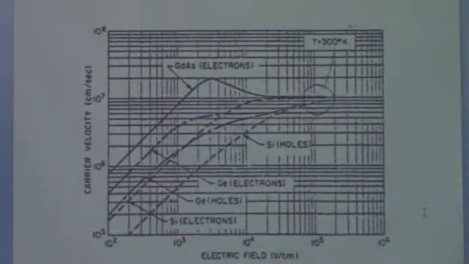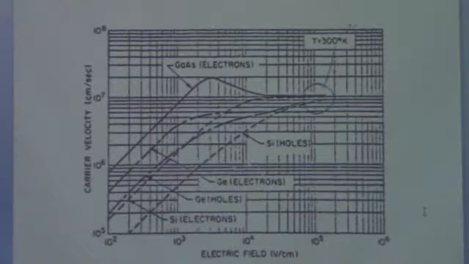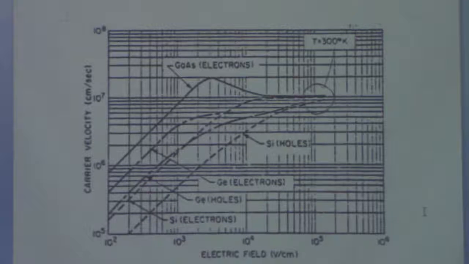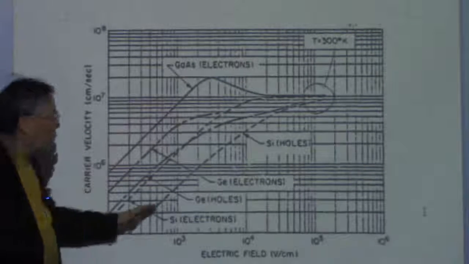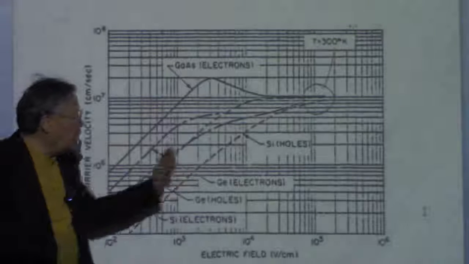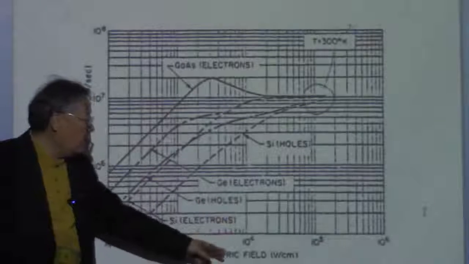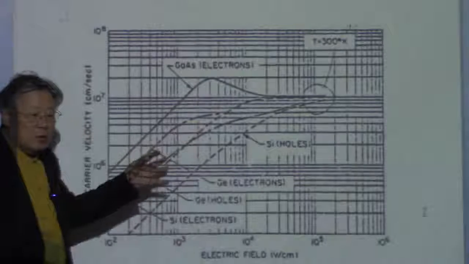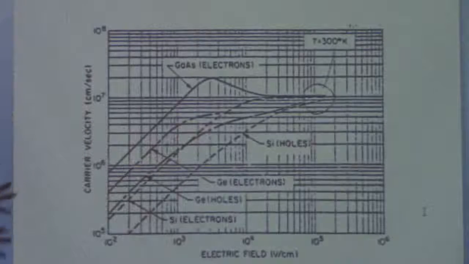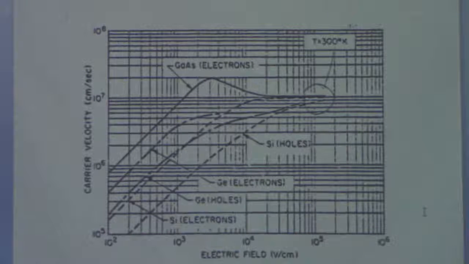But the important thing is the holes saturate at a much higher electric field than the electrons. So when you miniaturize the device, you're going to increase the electric field because the distance between source and drain gets closer, right?